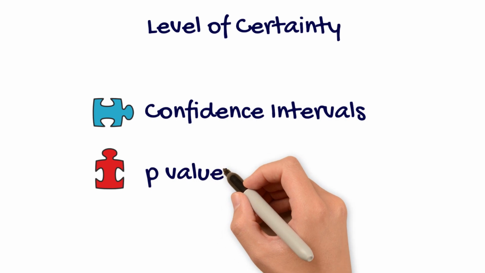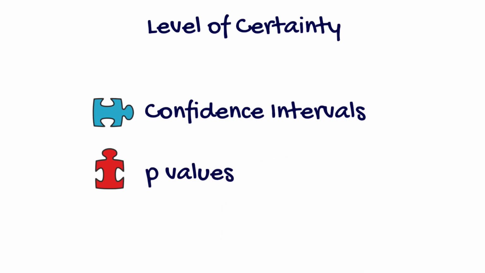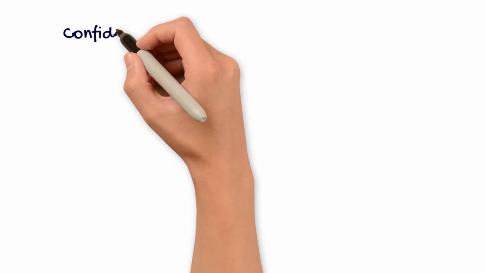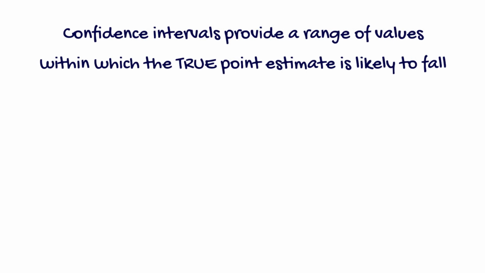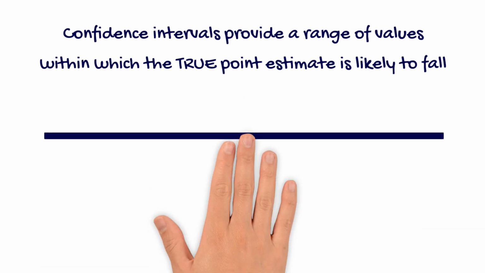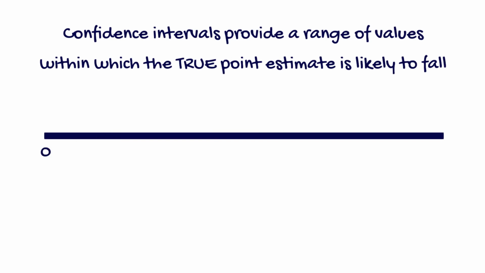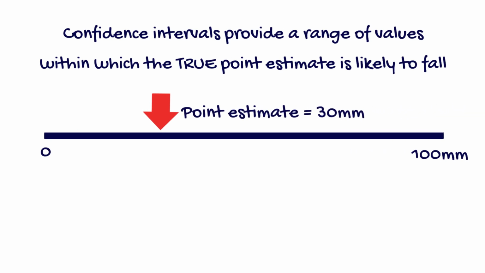The most valuable measure we can use to assess level of certainty is the confidence interval. A confidence interval provides a range of values within which the true point estimate is likely to fall. Let's say we are conducting a study and our selected outcome is a 100 millimeter VAS. Our point estimate indicates a between-group difference of 30 millimeters.